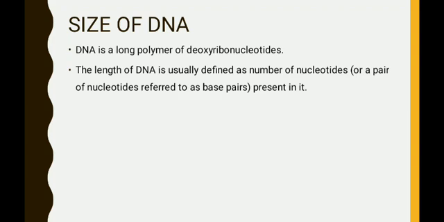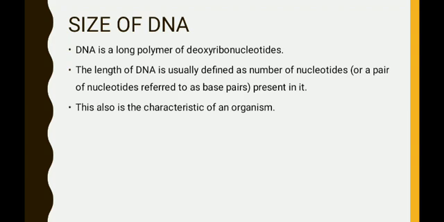In such a case, a pair of nucleotides, referred to as base pairs, represents the length of the DNA. Normally, RNA is single-stranded, so just the total number of nucleotides represents the length of the RNA. But in case of DNA, since the DNA is double-stranded, the length of DNA is measured in base pairs.